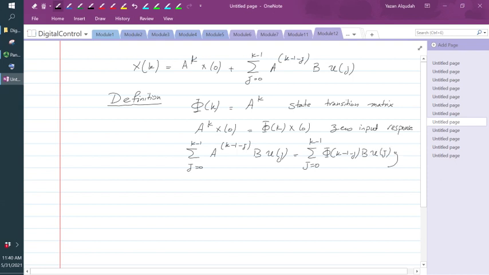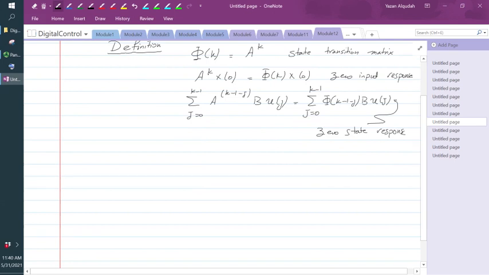And what are we going to call this? This is the zero state response, which is the response of the system that is due to the input only if I set the initial conditions to 0.